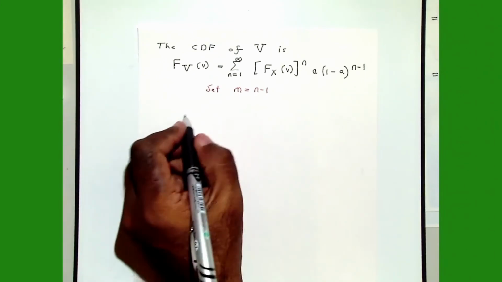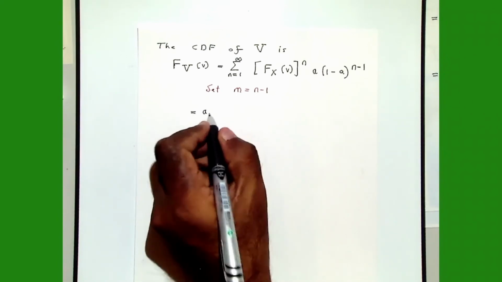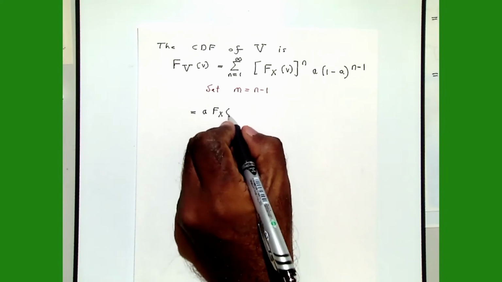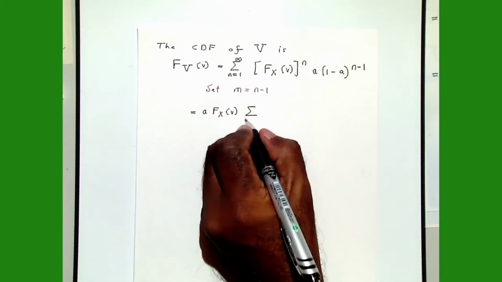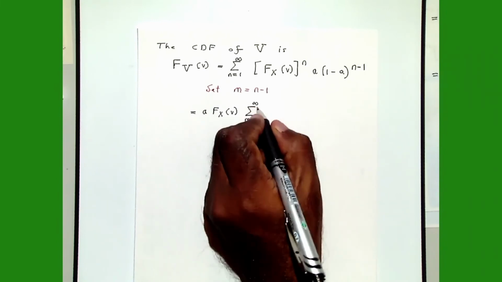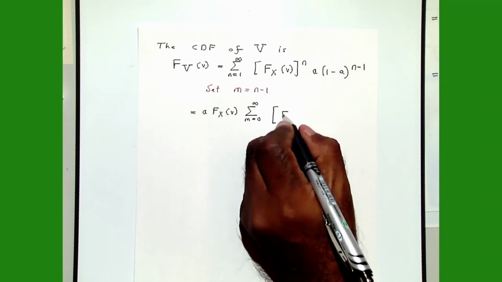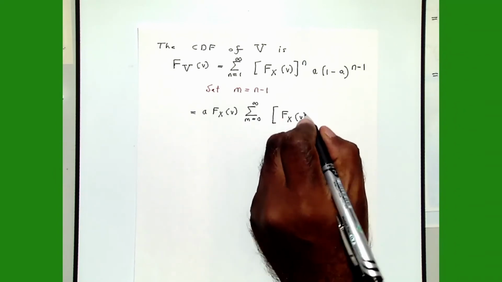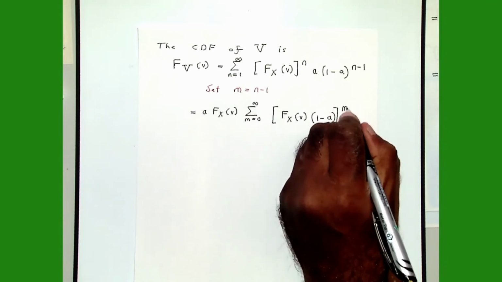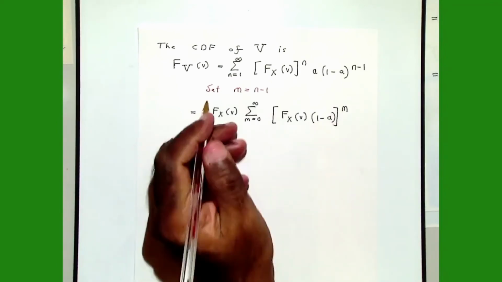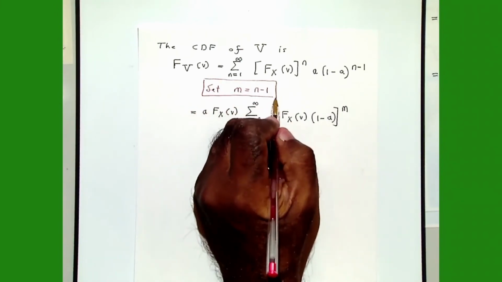And then you can write the above as follows: a times the CDF of x at v, sum from m equal to 0 to infinity of. All right, so this is the substitution I made, m equal to n minus 1.